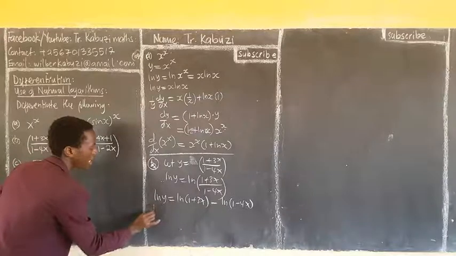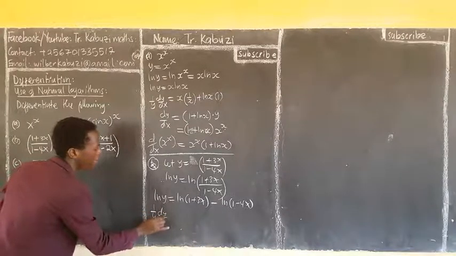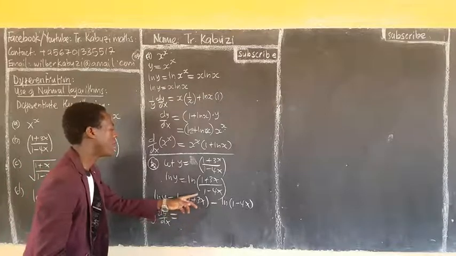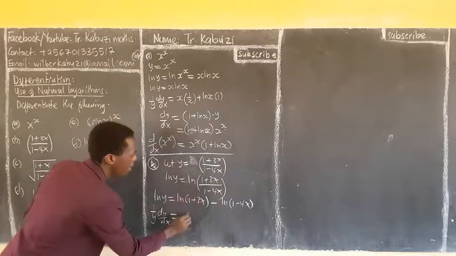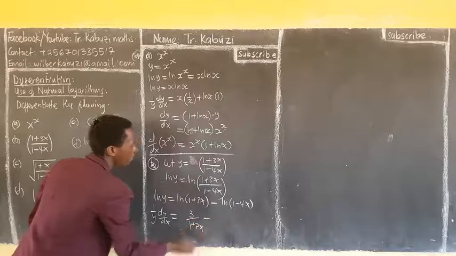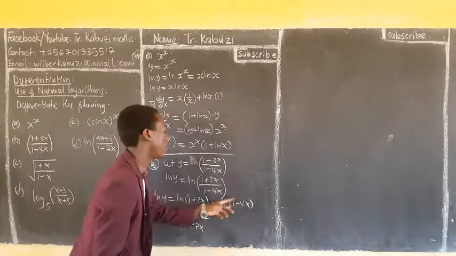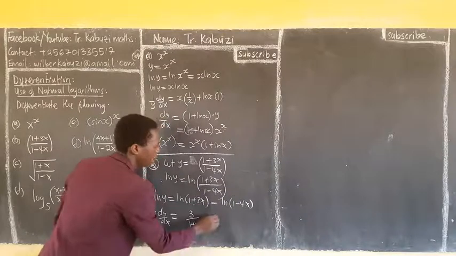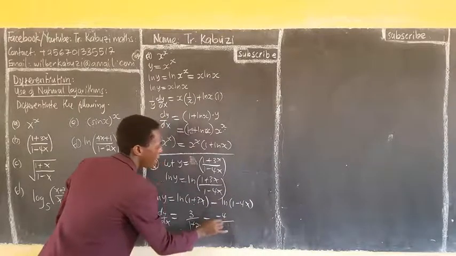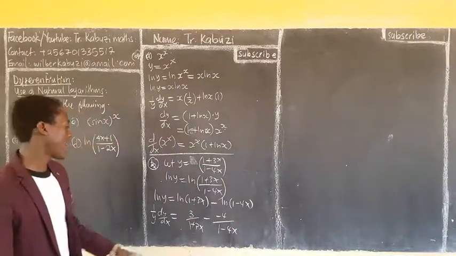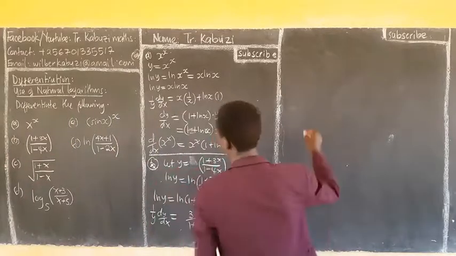Then here you can differentiate. On the left I get 1 over y dy dx. When you differentiate the first function, you get 3 over the function, 1 plus 3x. Then minus, when you differentiate the second, you get 0 and negative 4 over the original function, 1 minus 4x. So there, you can cross multiply.